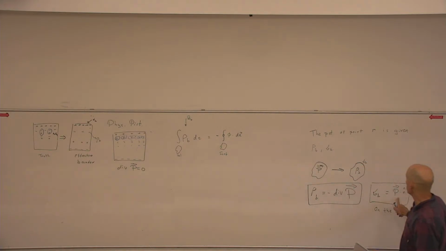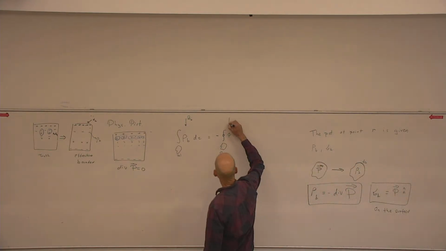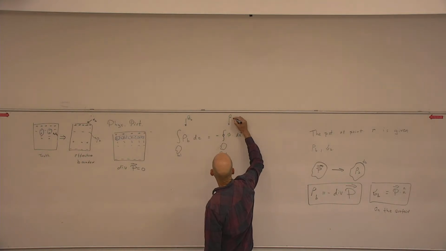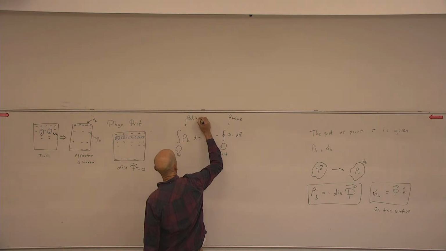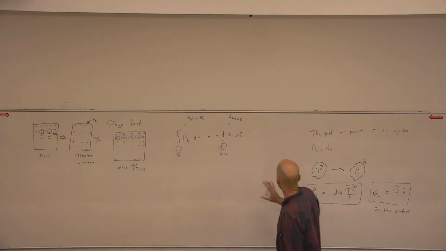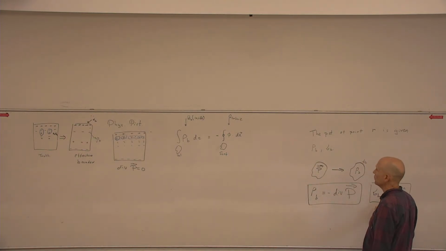Why do I do this? This is sigma_b. This is the charge on the surface. This is the Q of the surface, if I believe this equation.